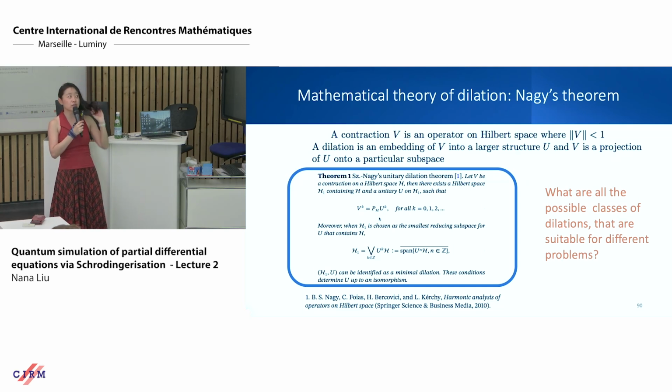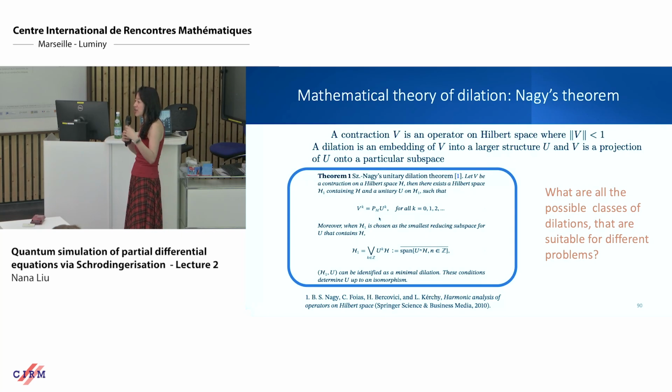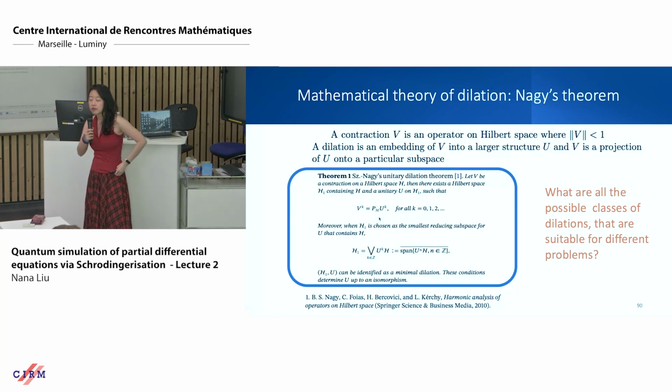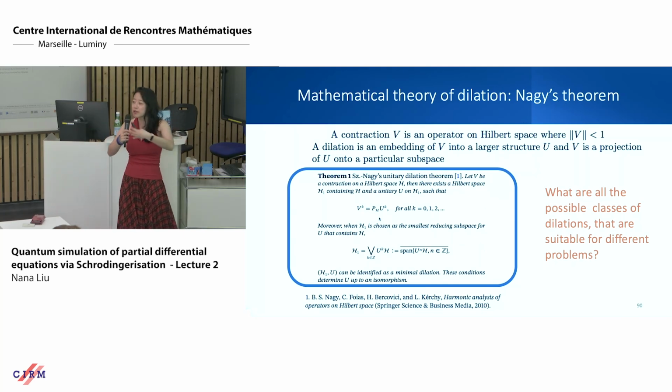This is something we do actually have a paper on, which is putting Schrodingerisation in the context of other dilation theories. If you look at the Nagy unitary dilation theorem, the proof for why that works looks complicated, but all it's saying is that you're able to embed a non-unitary system into a unitary system.